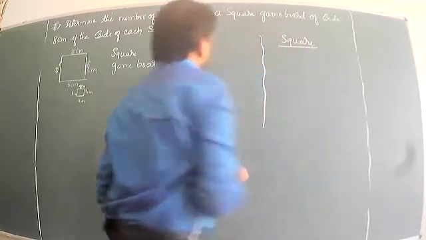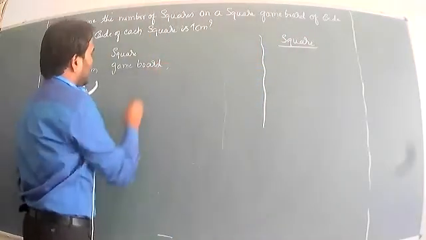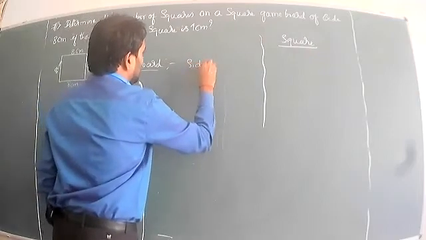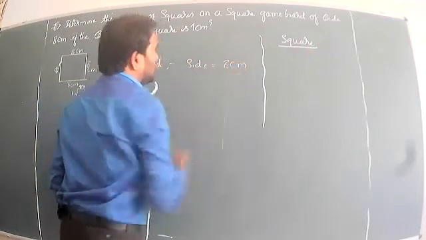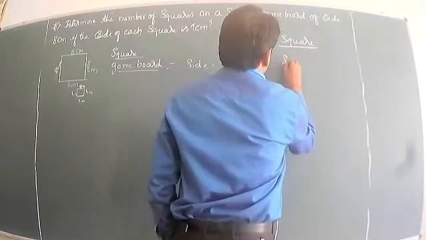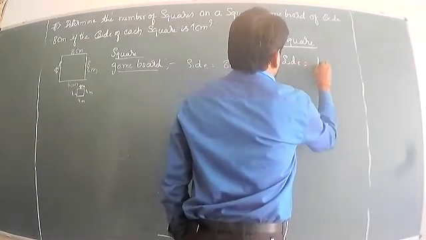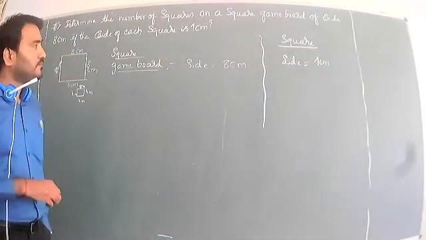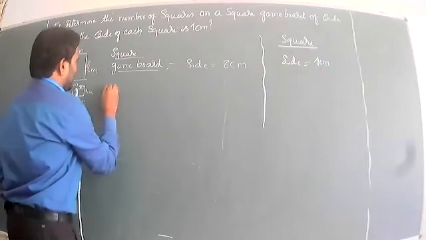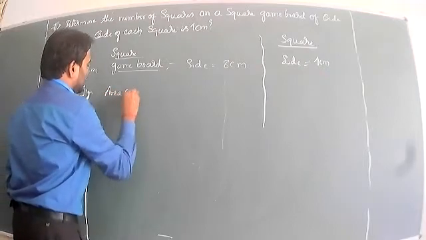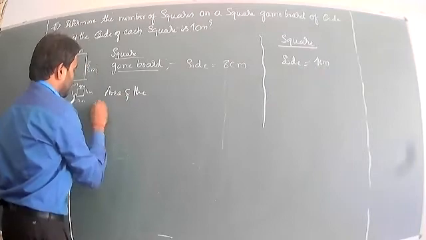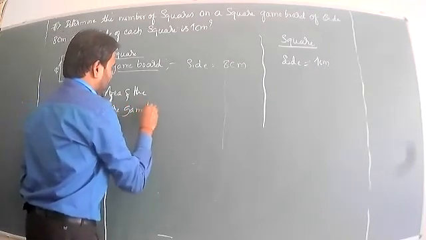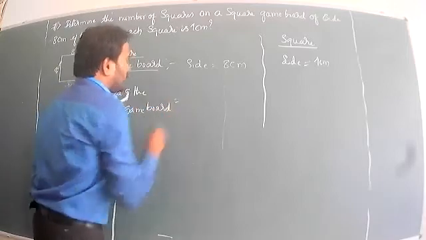Okay, so what is a square game board? Side. What is the side? 8 centimeter. Now find out the area of the square game board.